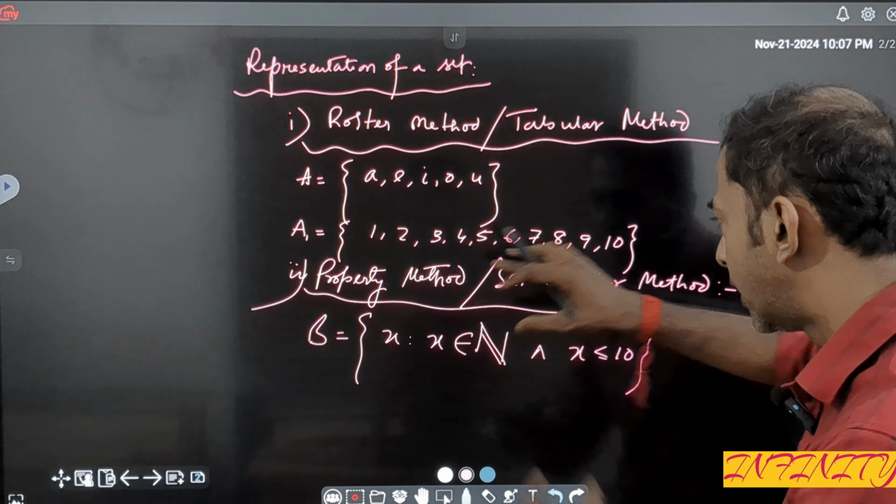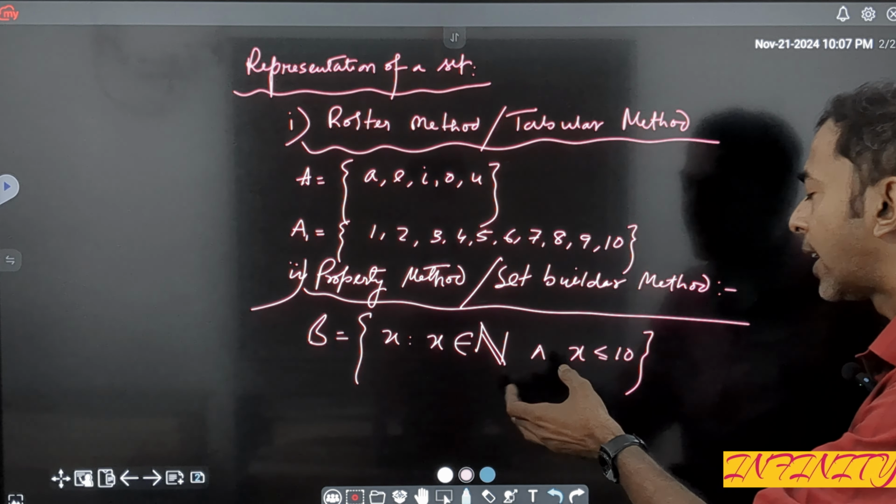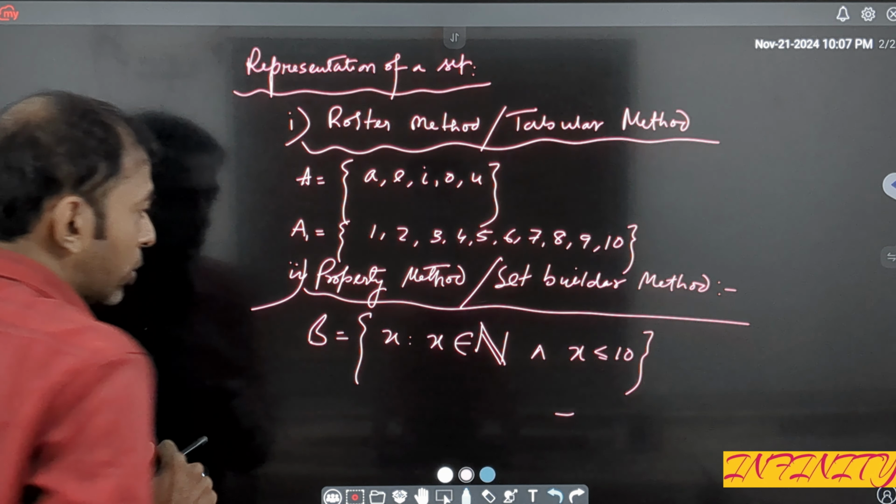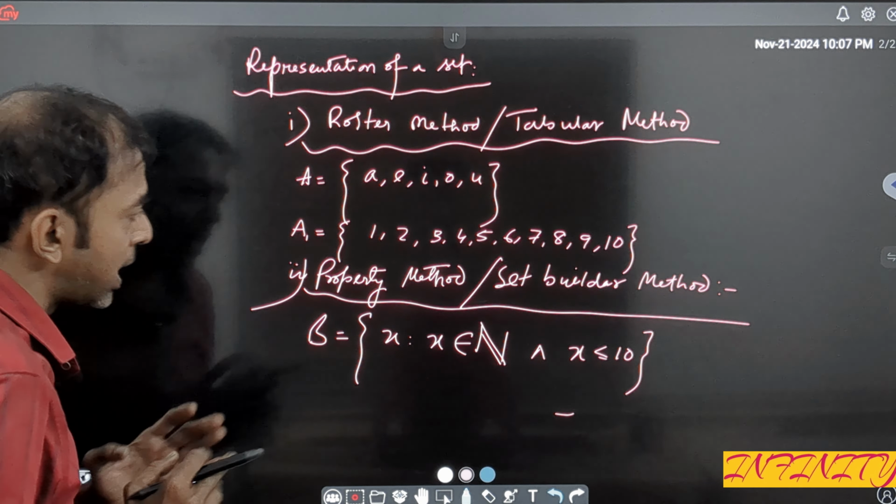We are just introducing one variable here, x, and x holds a property, that x belongs to natural numbers and x is also less than or equal to 10. So first is the roster method and second is the property method. These are the two types of representation we use in set theory to represent a set.